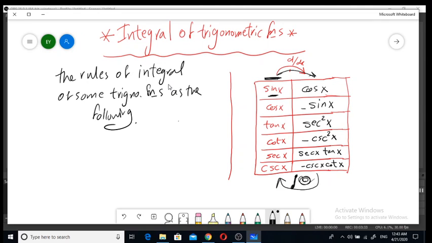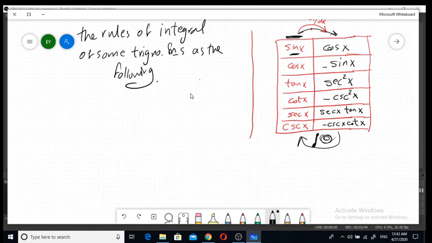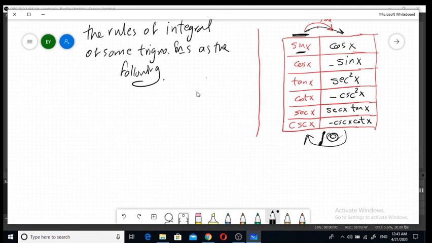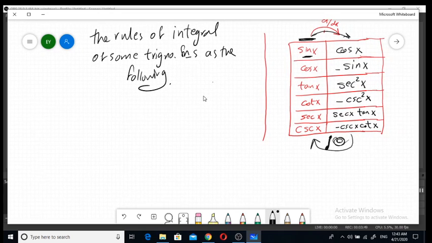And if we integrate the functions of the right side, we will find the left side. So we can deduce the rules of integral of some trigonometric functions.